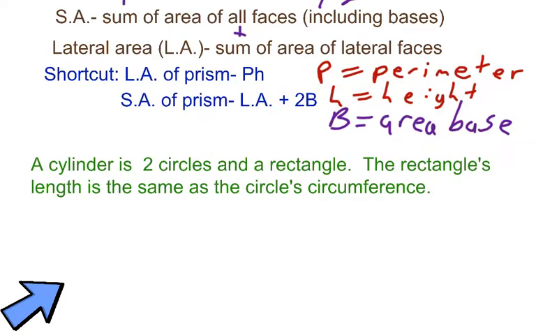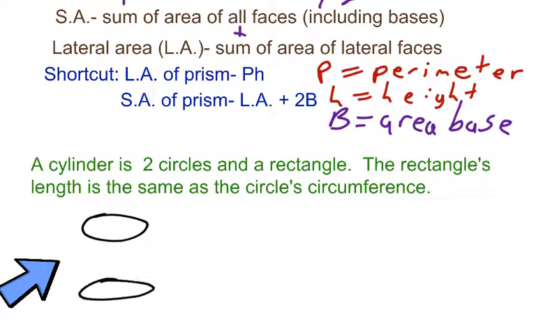Alright, now a cylinder is 2 circles and a rectangle. And the rectangle's length is the same as the circle's circumference. Let me show you how that works. So, just drawing a cylinder, just like a can of soup, you have two circles, and then you have the curved surface.